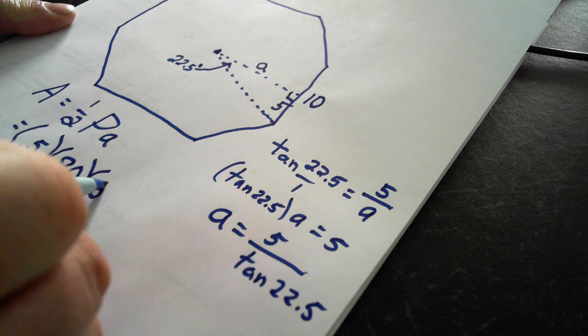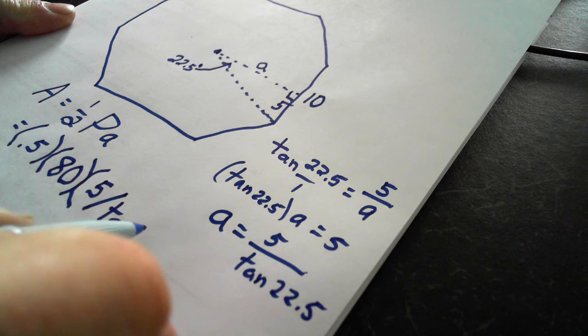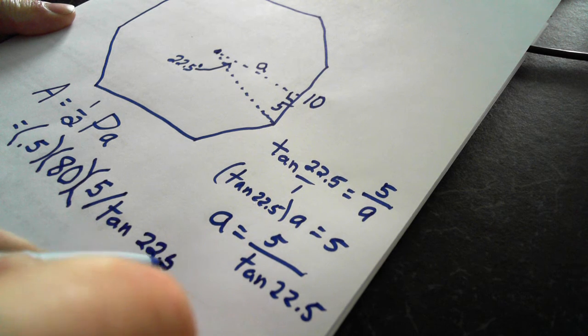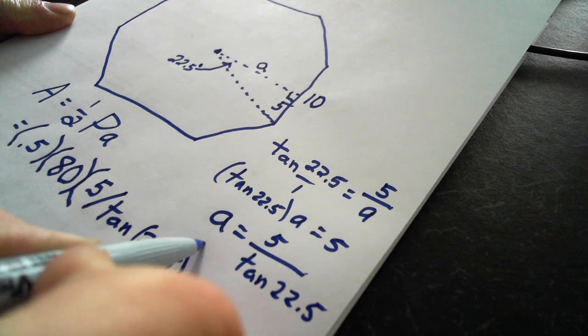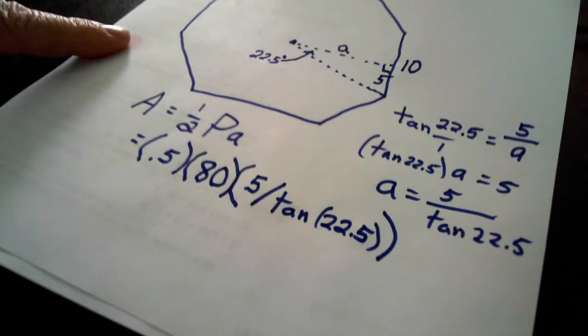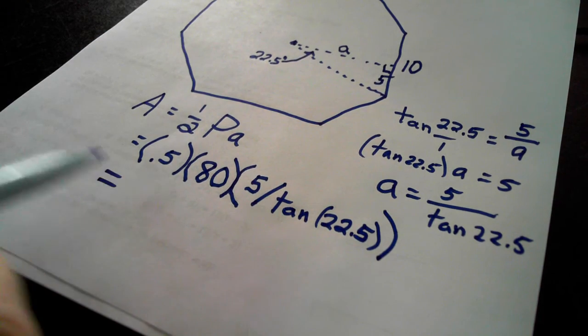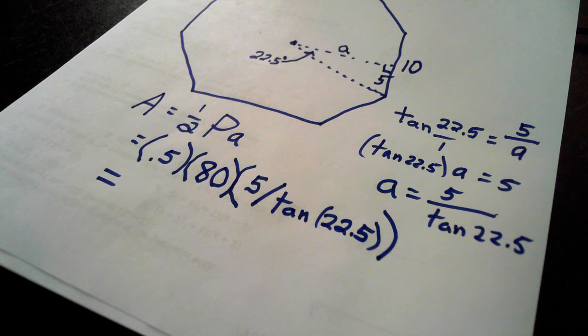Put a 5 divided by tan of 22.5 in a little parentheses. Just put the whole business in your calculator right like that and punch it up as one. See if it works. If it works, you should be getting a 482.8.